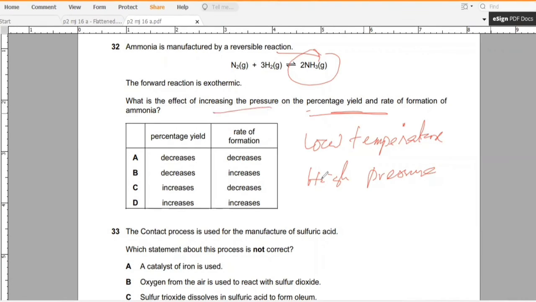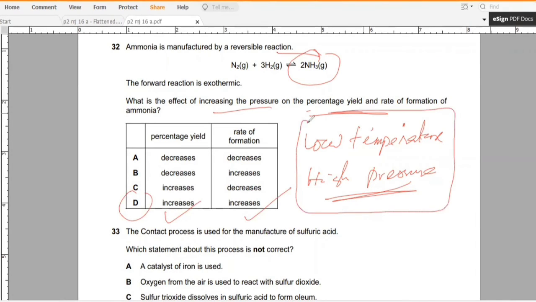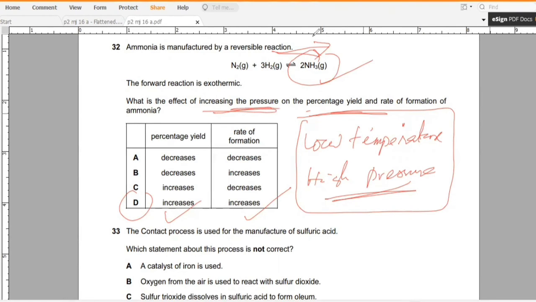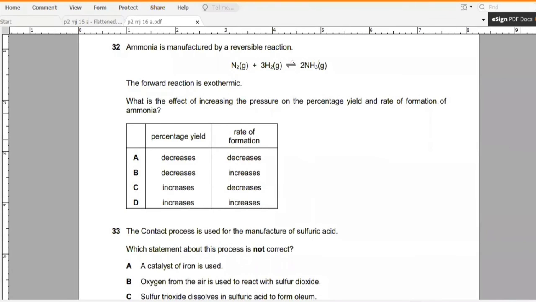If you increase the pressure, the percentage yield will also increase and the rate of formation will also increase. So option D is right. Understand? So low temperature and high pressure always favor the forward direction, towards the right side. The right side is ammonia, so more ammonia can be formed. This is the favorable condition. That means if you increase the pressure, there is an increase in the amount of ammonia. So the answer is D.